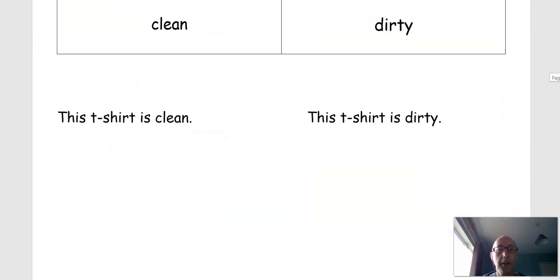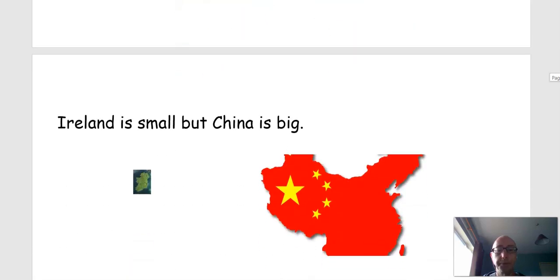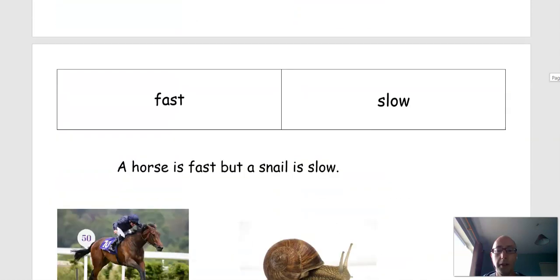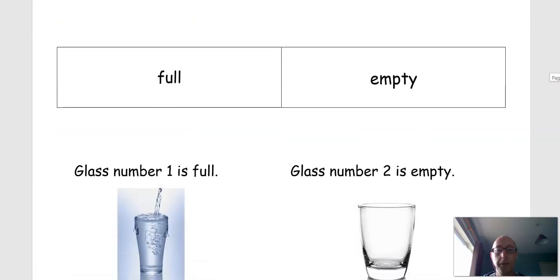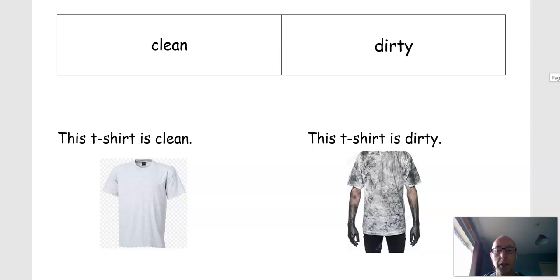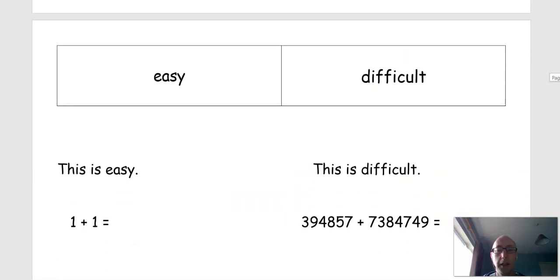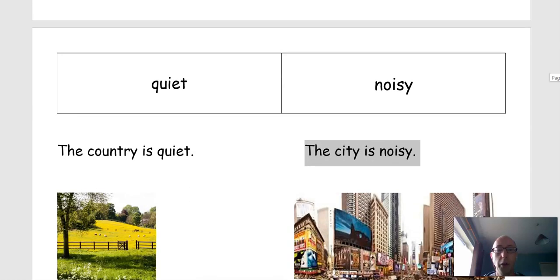Okay, so let's look again at them. We have big and small. Wet, dry. Fast, slow. Full, empty. Clean, dirty. Late, early. Easy, difficult. Quiet, noisy.